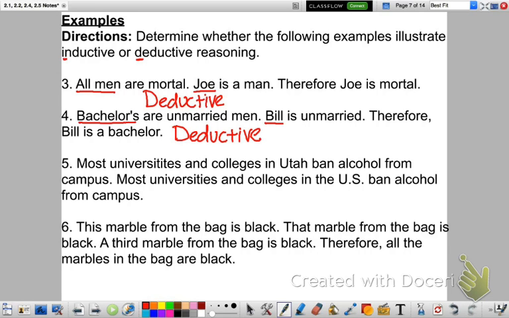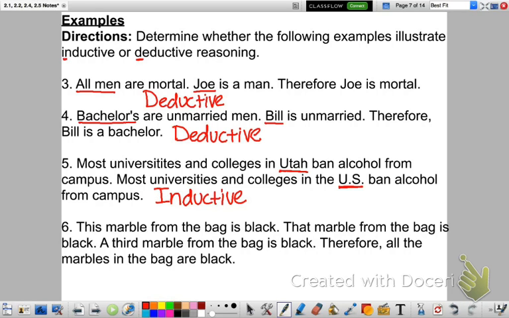Next: most universities and colleges in Utah ban alcohol, therefore most universities and colleges in the U.S. ban alcohol. So we start with a specific state and move to a bigger, broader picture. This is an example of inductive reasoning.